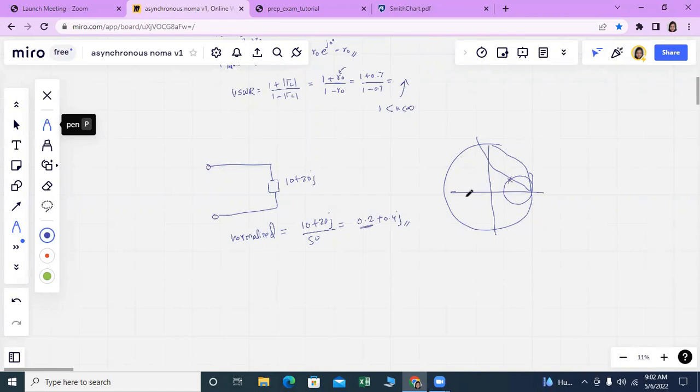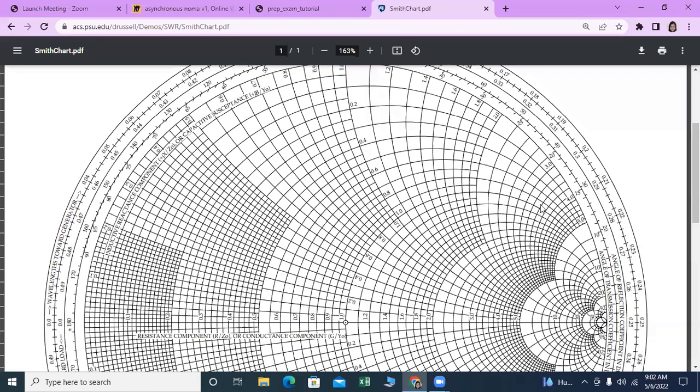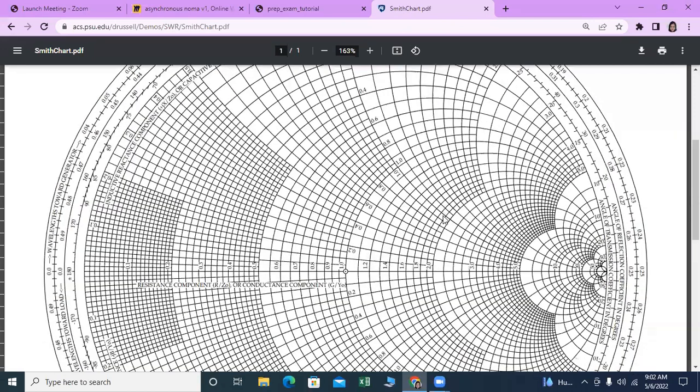So if you have 0.2 here, you have to find the circle that corresponds to 0.2. There are certain circles in the Smith chart. In this Smith chart, you can see that starting from here, there's a circle with 10, 5, 4, 3, 2, 1.8, 1.6, and so on. So when you want to find where 0.2 is, you have to go here, the 0.2 circle, and then you have to find the 0.6 arc.